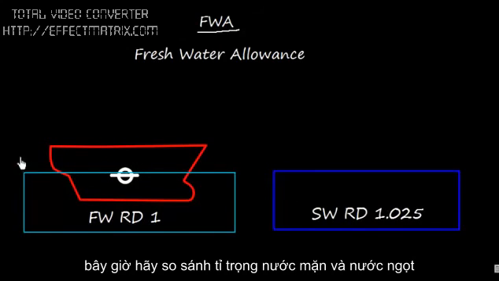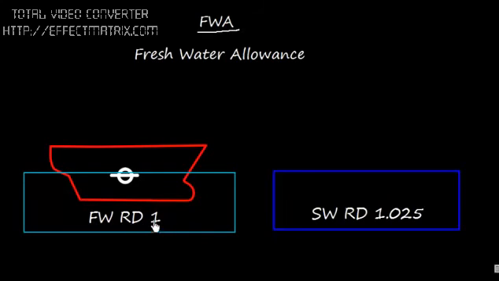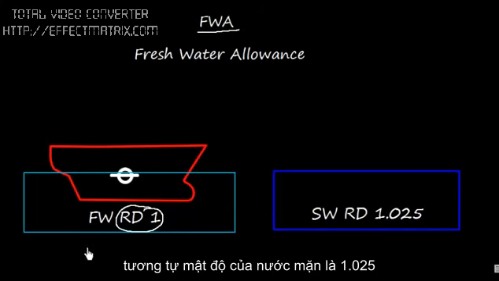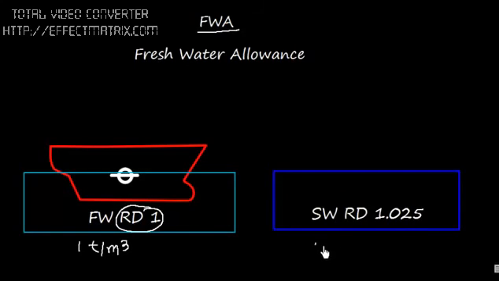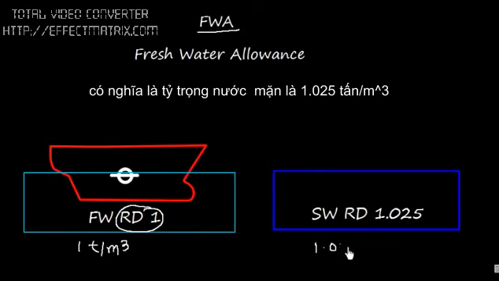Now let us discuss the densities also. The fresh water relative density is 1, which simply means that the density of fresh water is 1 ton per cubic meter. Similarly, the relative density of salt water is 1.025, which simply means that the density of salt water is 1.025 tons per cubic meter.